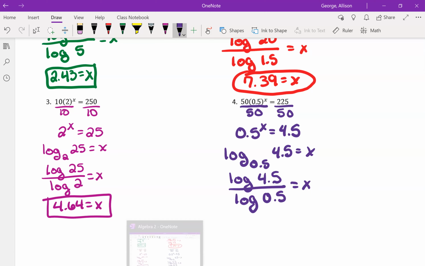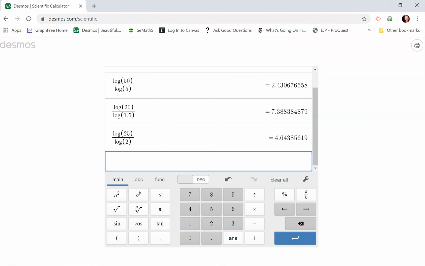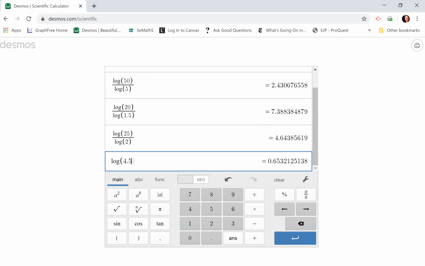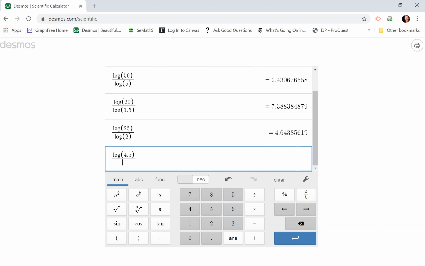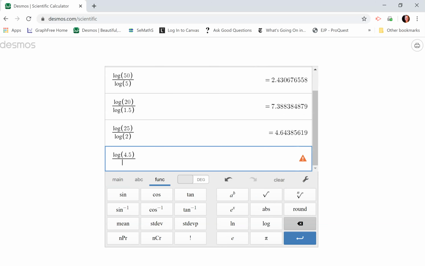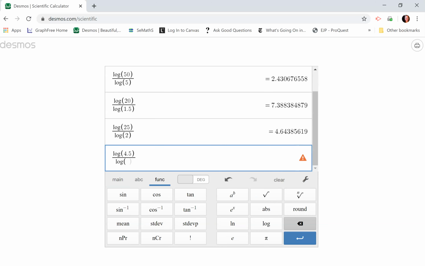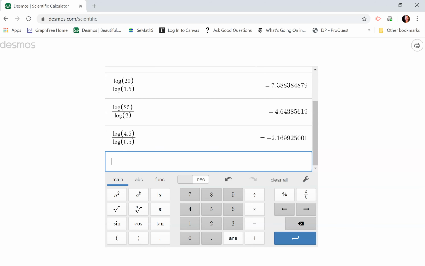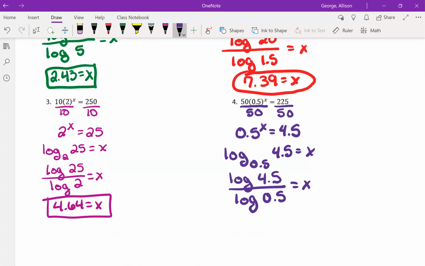Last, just punch it in the calculator. We get negative 2.17, and that's it.